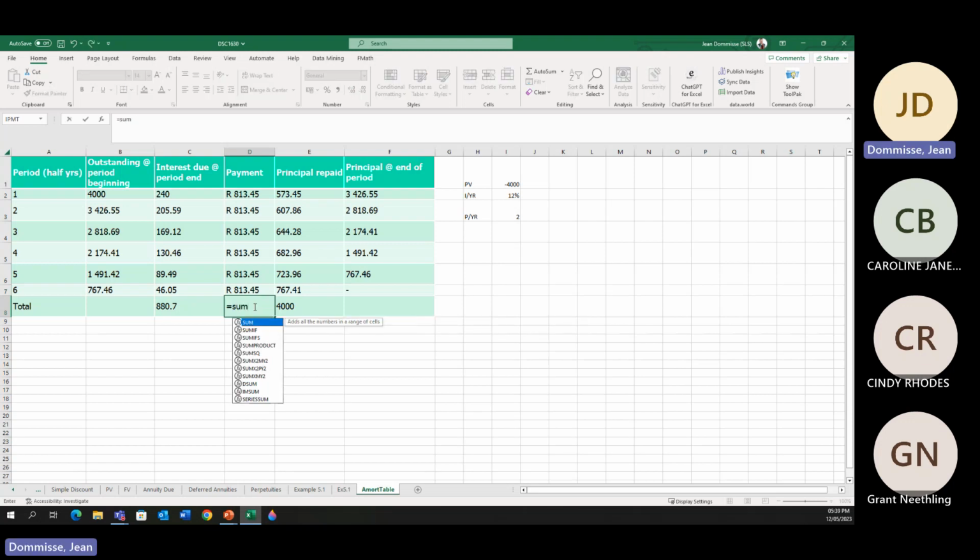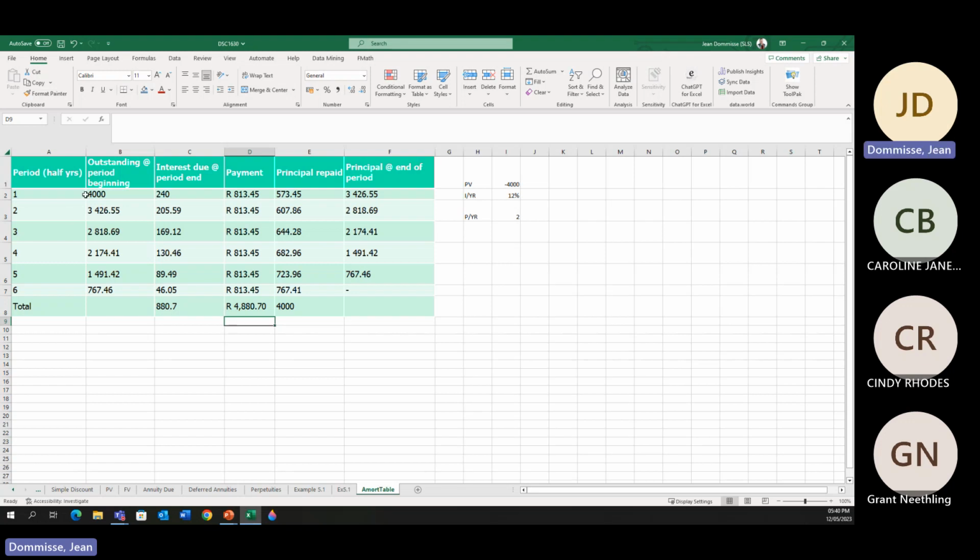And in here, I can at least look at what the total is, so that again, if one needs to say what is the cost of the loan, you have that in this as well.